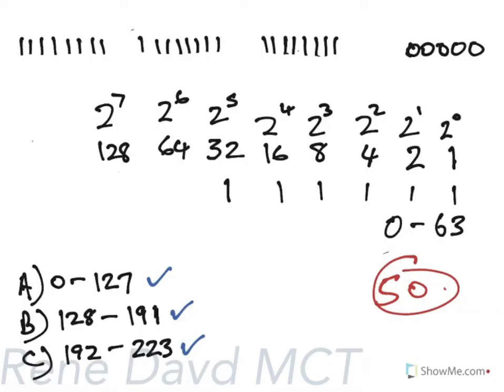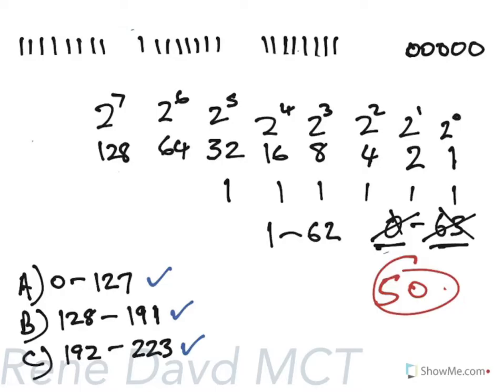Remember from our discussion earlier, you can't use the first address and you can't use the last address. The first address is the network identifier, which identifies the network. The last address is used for broadcasting. So even though it's 0 to 63 with these 6 bits, you actually only end up with 1 to 62.